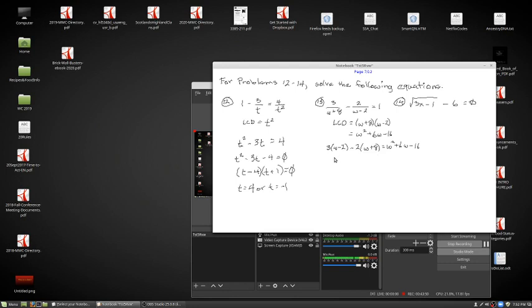So over here on the left, we get 3w minus 6 minus 2w minus 8. That's equal to w squared plus 6w minus 16. Okay, 3w minus 2w is just w, and then minus 6 minus 8 is minus 14.